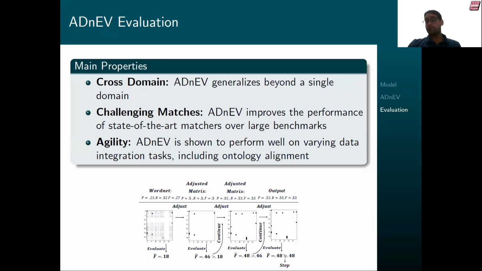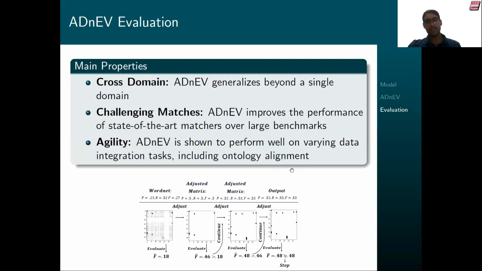In our evaluation, we analyzed three main properties. The first is to show that the proposed algorithm can generalize beyond a single domain. The second is to show that the algorithm performs well on challenging real-world benchmarks of schema matching. Finally, we show that our algorithm also performs well on the related problem of ontology alignment.